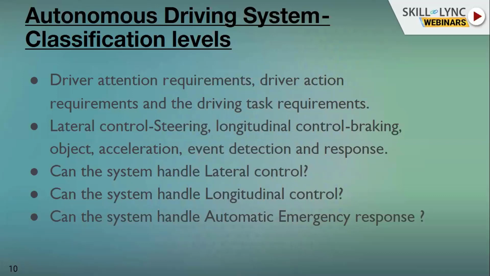Next, does it require longitudinal control without driver intervention? And if suddenly during the driving cycle an emergency situation occurs, can the system handle it or not? So we need to be thorough to specify the classification levels of autonomous driving.